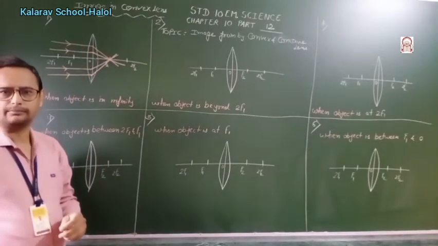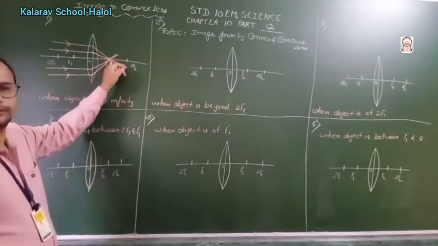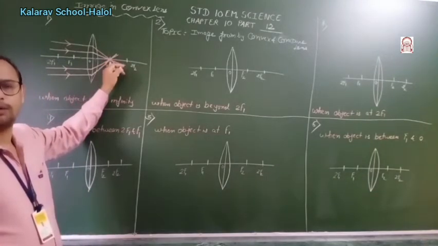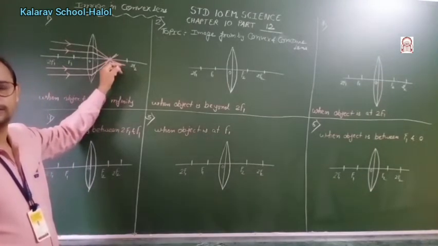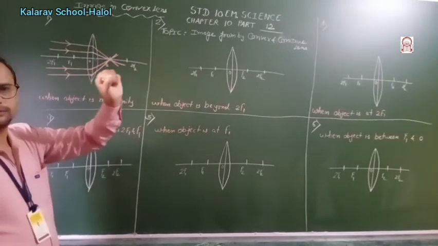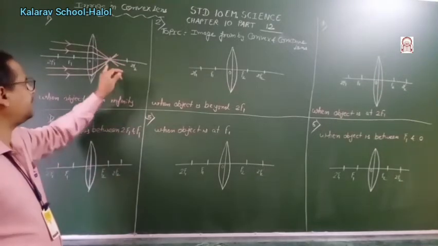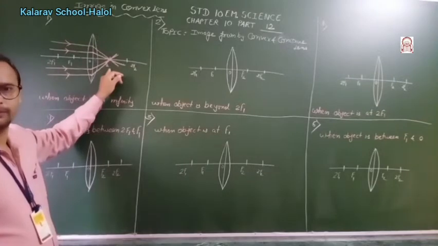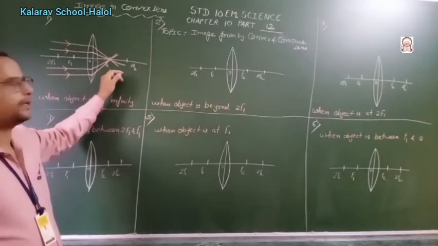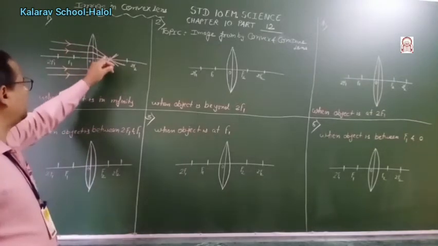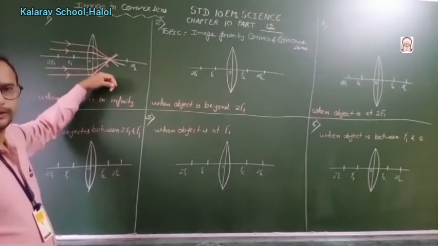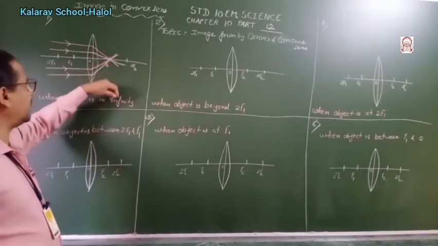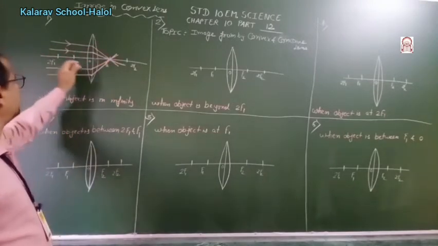Is it clear? This image will be smaller than the object, meaning very diminished, point size, and real and inverted. Real means vastavik, inverted means negative, ulta. This is the first situation.